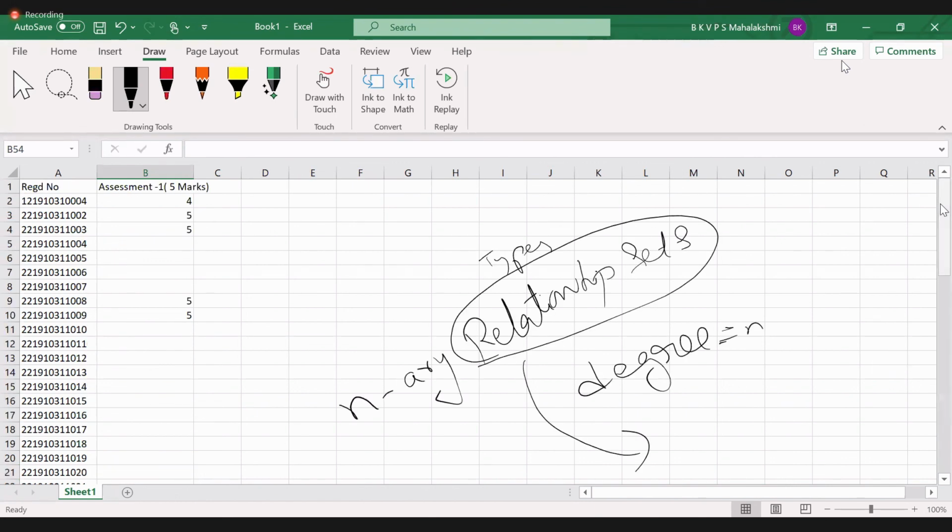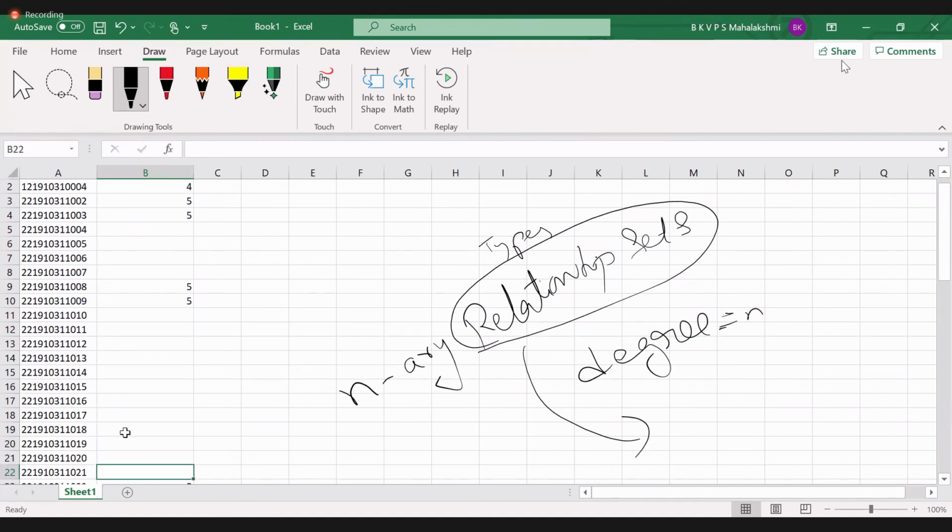Now tell me. So entities will be there, the relationships between them, and then their attributes.